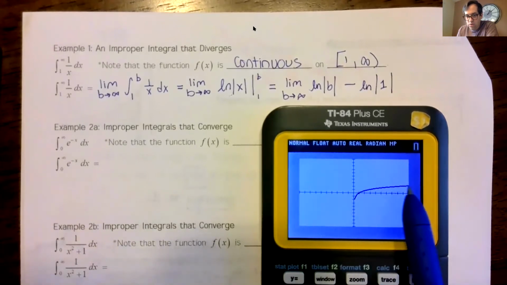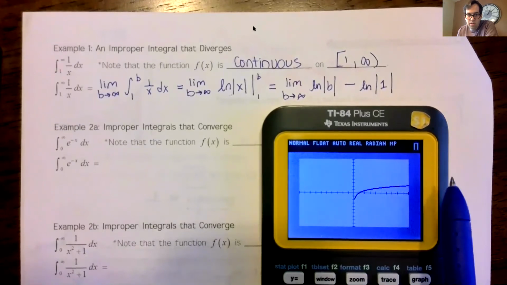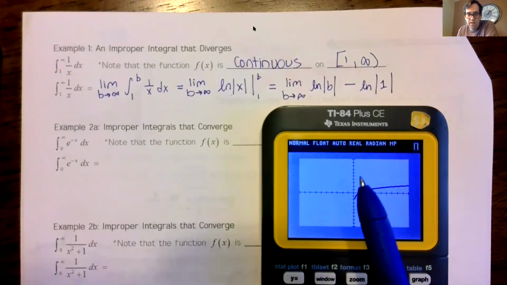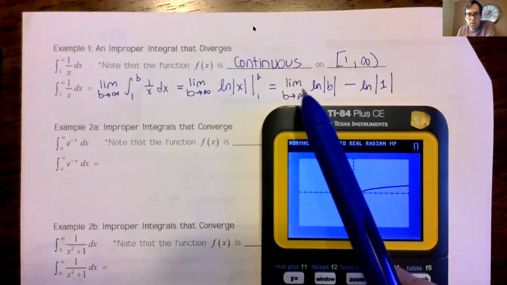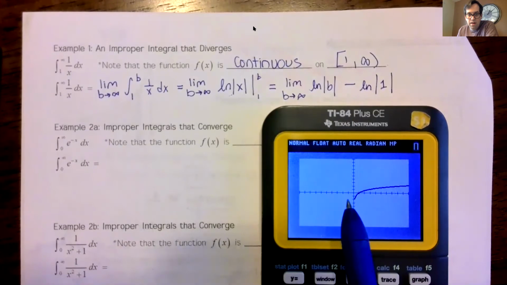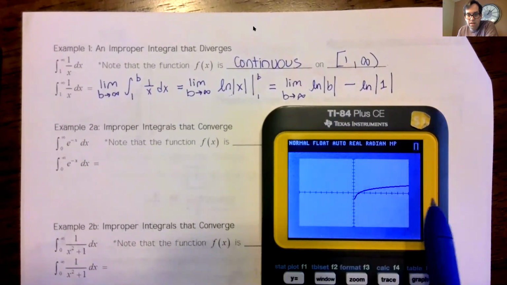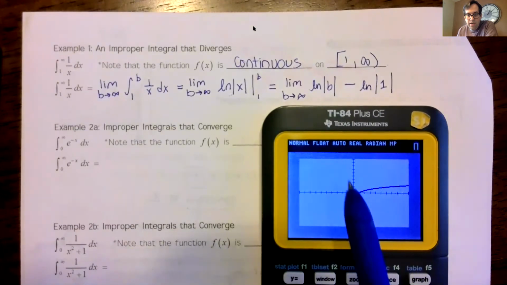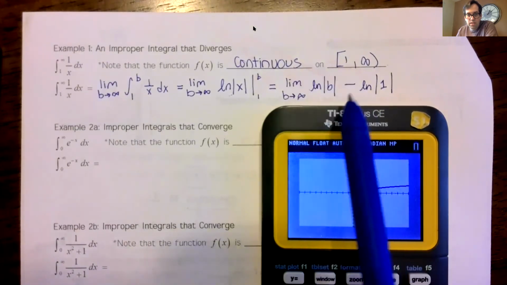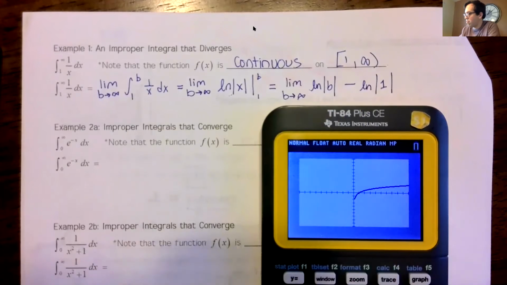The curve grows slower over time, but if you think it through a little bit, there is no horizontal asymptote that this curve is approaching. So as we approach infinity along the x-axis, which is our b's, the y value just keeps going up. So this limit approaches infinity.